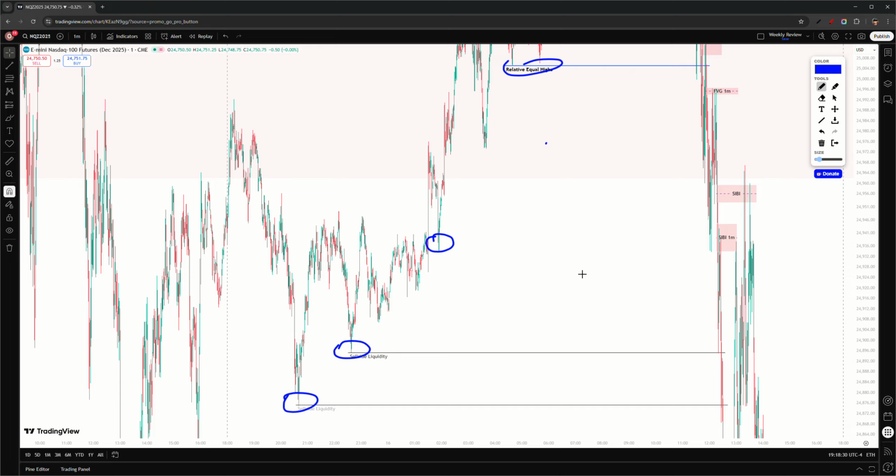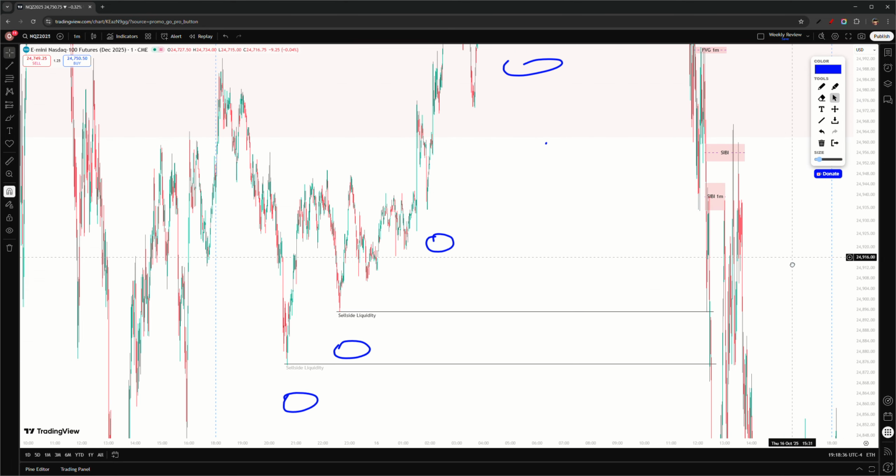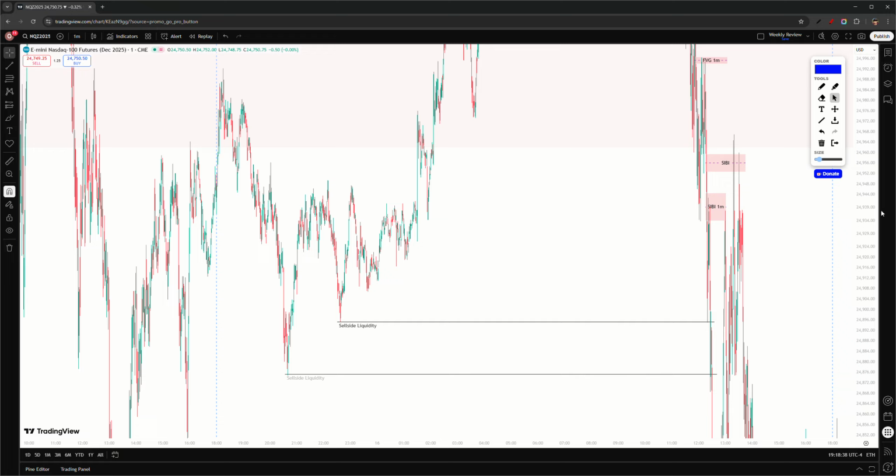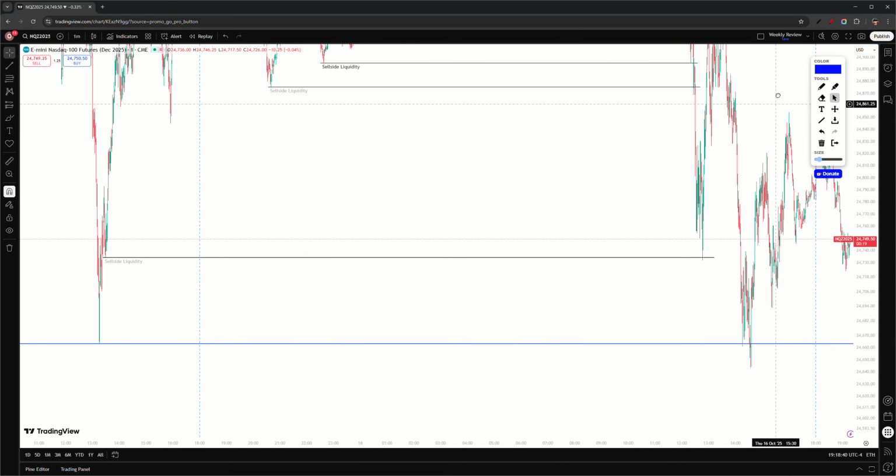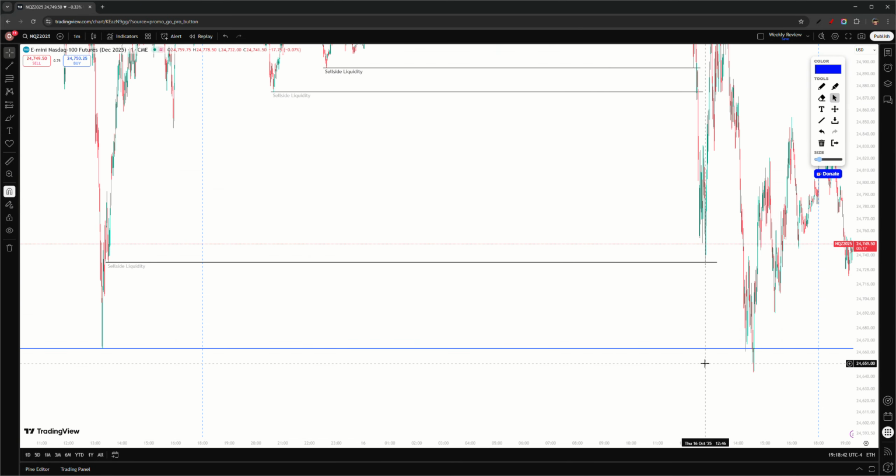Price is tapping into those areas of liquidity and then reacting until we reach the previous day low. And you can see it also here. This is the terminus, the final draw on liquidity, which is the previous day low. Let me change this. Previous day low right here. And see again, once we tapped into it, see how we had this reaction.